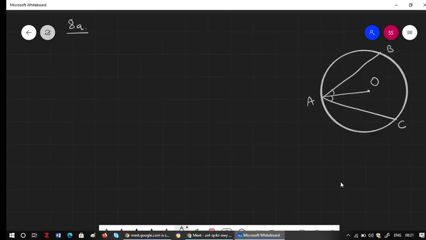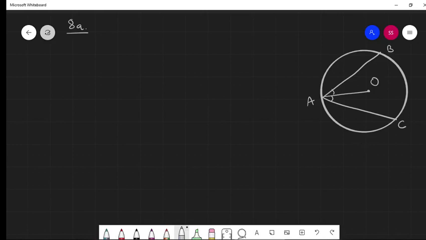Firstly, draw the figure in this way, dear students. Here AB and AC are two chords meeting at a point A. Angle BAO and angle CAO are given equal. Then we need to prove AB equal to AC.